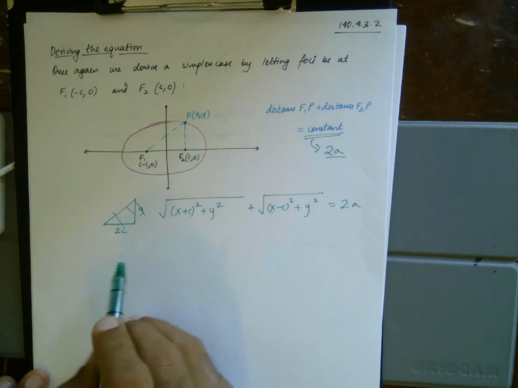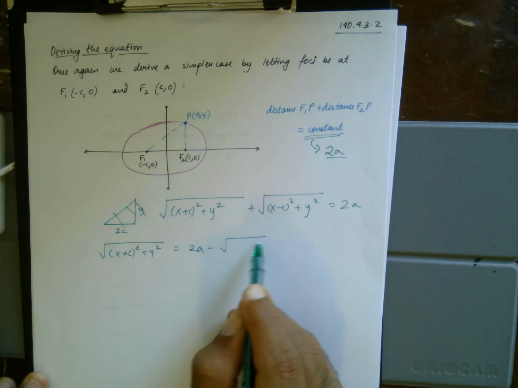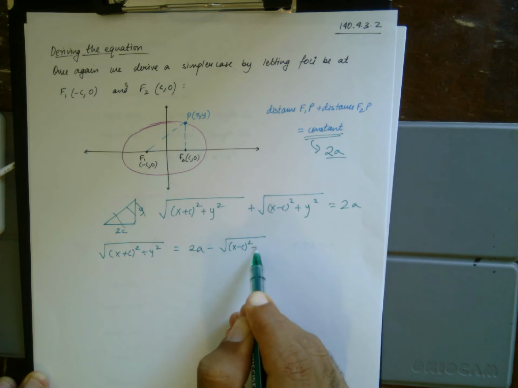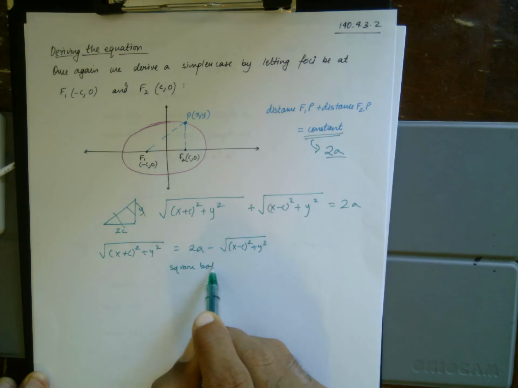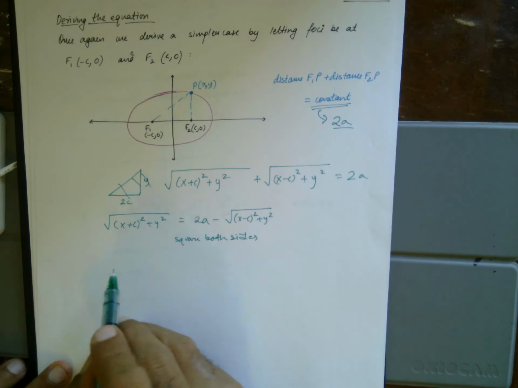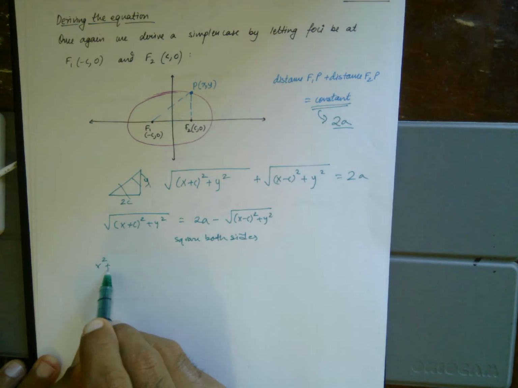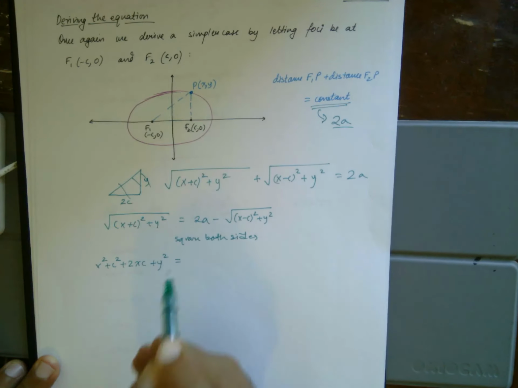I'm going to send one of the square roots to the other side, which is a technique for solving these kinds of equations from Math 103. Then square both sides. If I square both sides, I end up with x squared plus c squared plus 2xc plus y squared here.